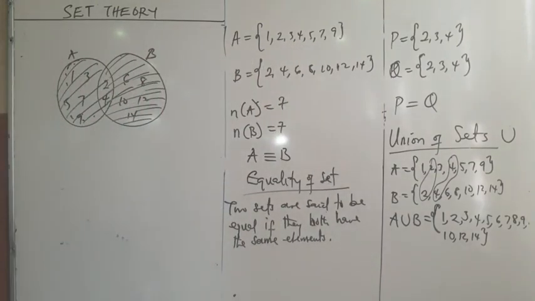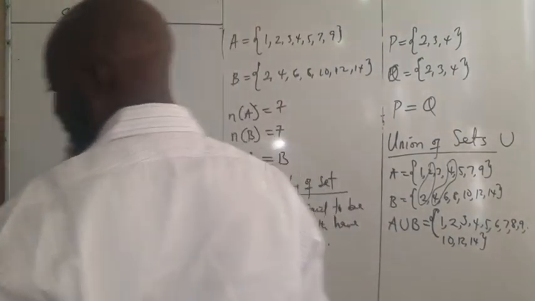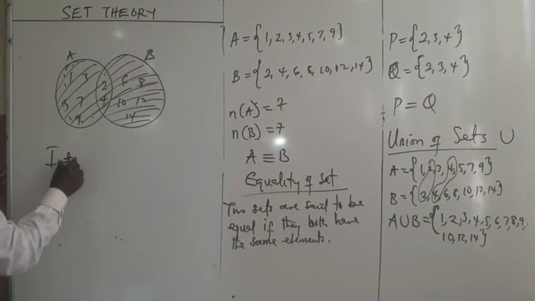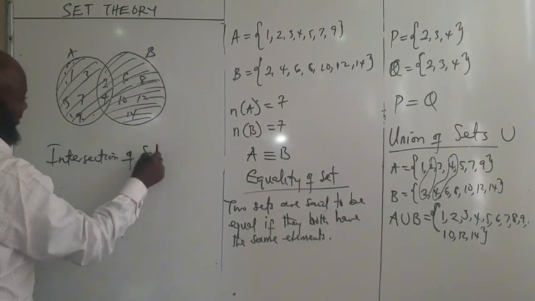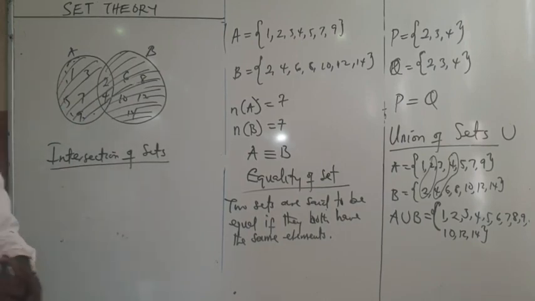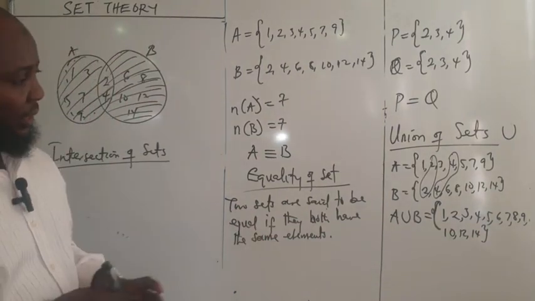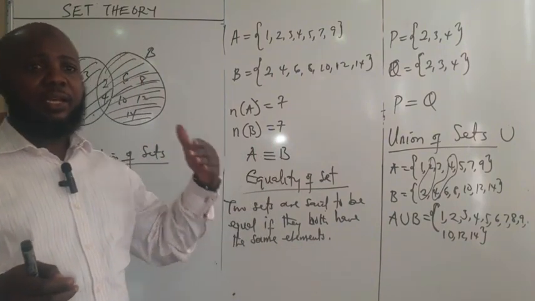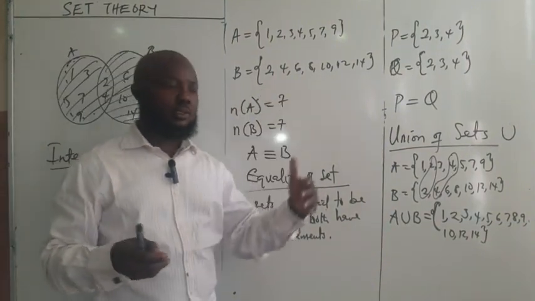The next one we're going to look at is intersection of sets. Under intersection of sets, we are looking at the elements that are common to 2 or more sets.